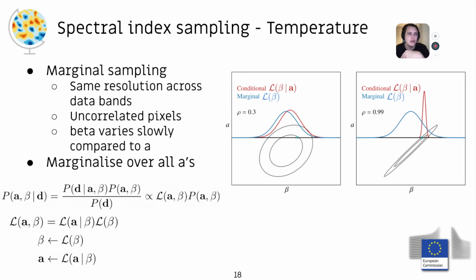So to understand what we're doing here, we just take the conditional distribution of A and beta, and we apply Bayes' theorem, and we get the likelihood, and then we use the definition of marginal and say that the likelihood of A and beta is the same as drawing from the marginal distribution of beta, or marginalizing over all of the different values of A, and drawing the amplitude parameter given the beta.